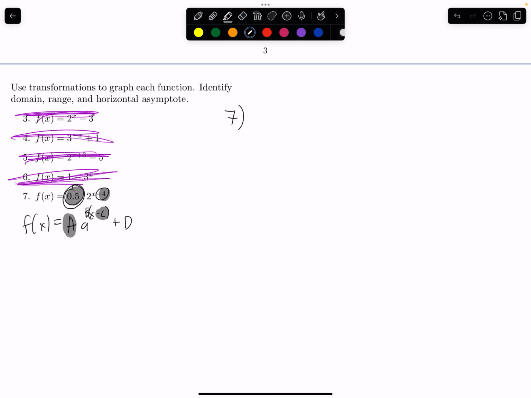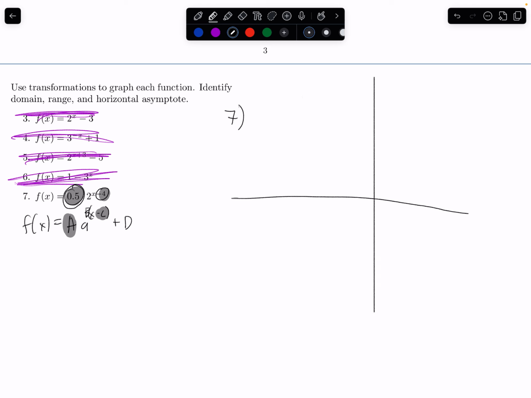So d is 0 and b is just 2. Those are the only two transformations: 4 to the right, and scale by 0.5. The conventional way is to do the scale first, and then apply the movement after.